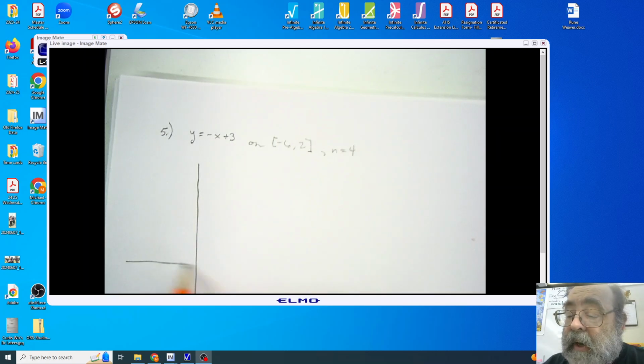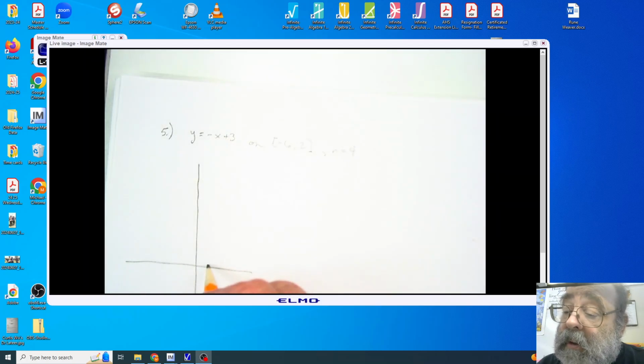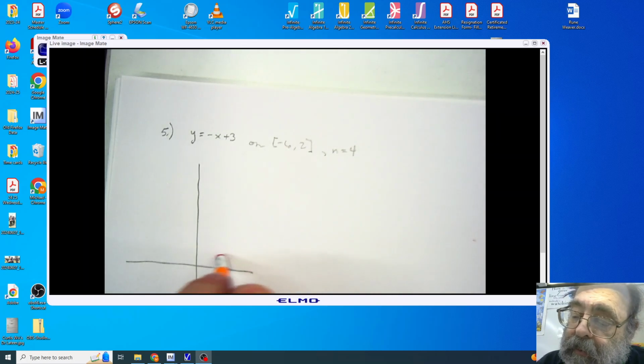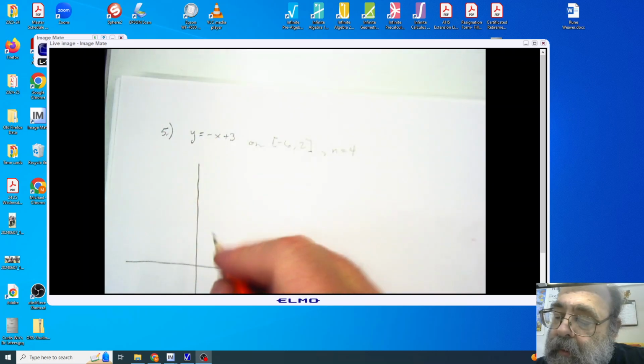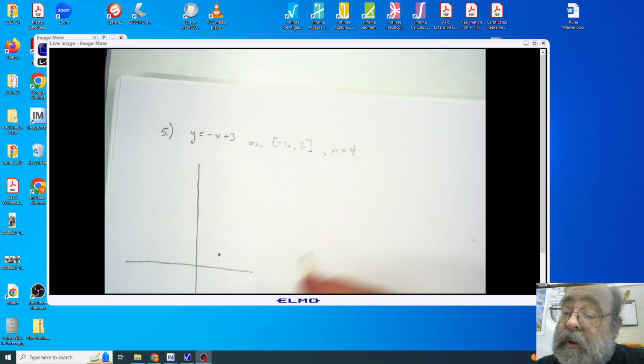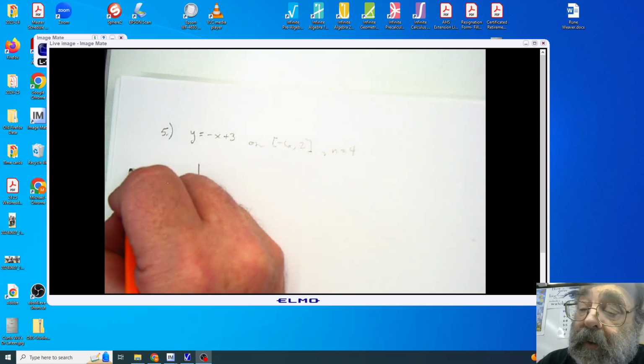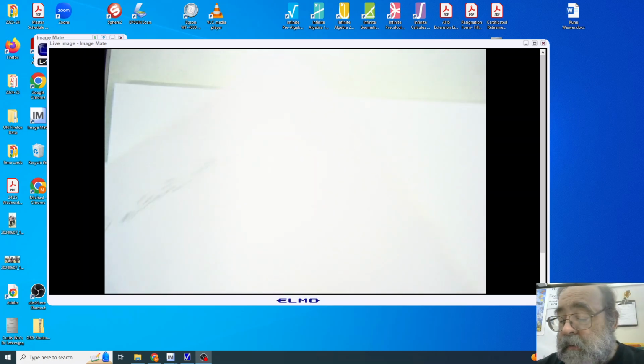I'm going to draw my linear equation. I know that at 2 I have 1, so I'm going to make sure I have 2 is 1. That's a little bit too low. 2 is 1, and negative 6 will be 9, I believe. So let's put 9 up here.